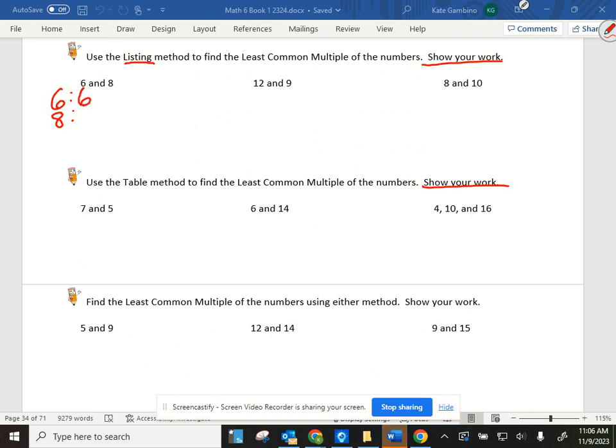So 6 times 1 is 6. 6 times 2 is 12. 6 times 3, 18. 6 times 4. 6 times 5. 6 times 6. 6 times 7. 6 times 8. That's all I have room for. So I'm going to stop there and see if I have to go any farther. Who can list the multiples of 8, starting with 8 times 1? Layla.